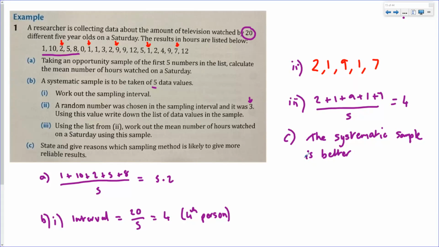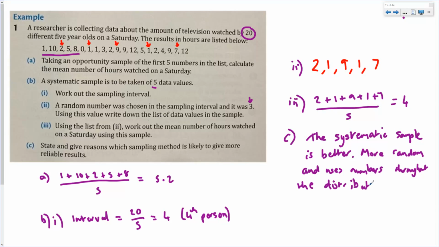It's more random than an opportunity sample and uses numbers throughout the distribution, not just the first 5. So, as I said, it'll be a bit more random and maybe more representative.